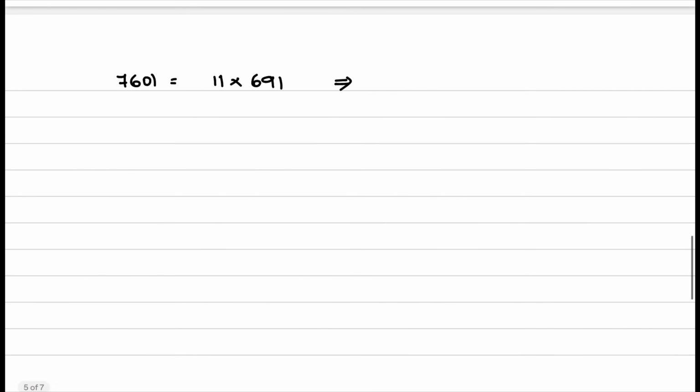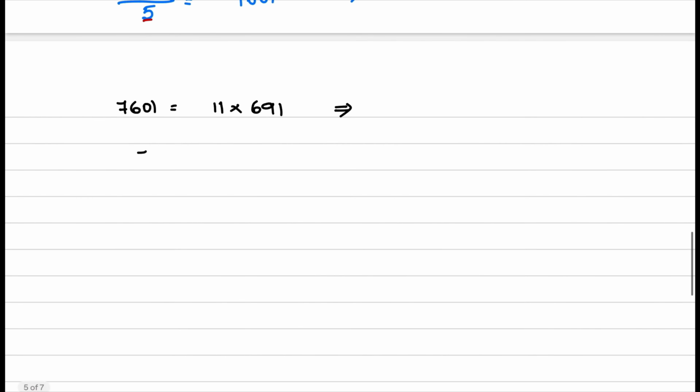That means 7601 divided by 11 is equal to 691. Whether 691 is divisible by any number, that you can easily find out.